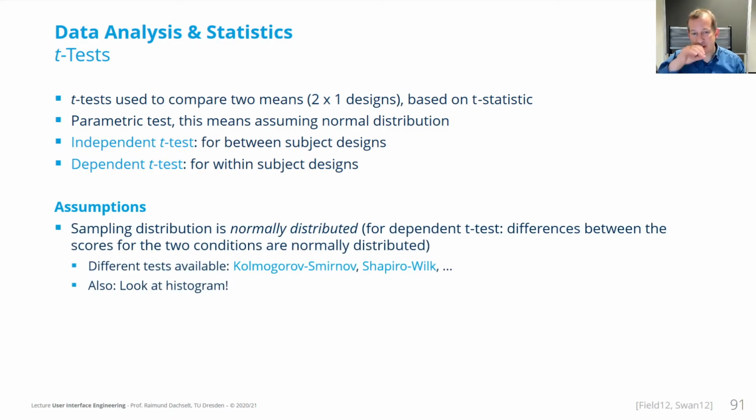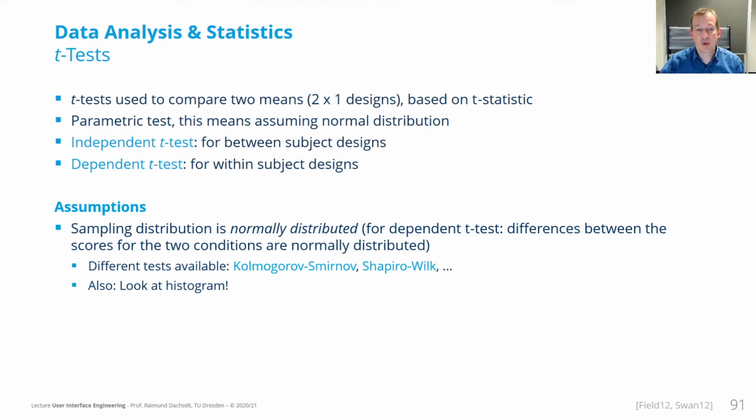So it assumes normal distribution, as I already said. And for dependent t-tests, the differences between the scores for the two conditions are normally distributed as well. That's very important. And there are different tests available, like Kolmogorov-Smirnov, Shapiro-Wilk.